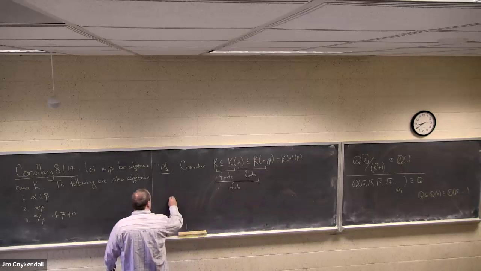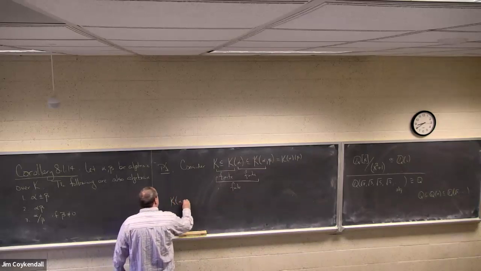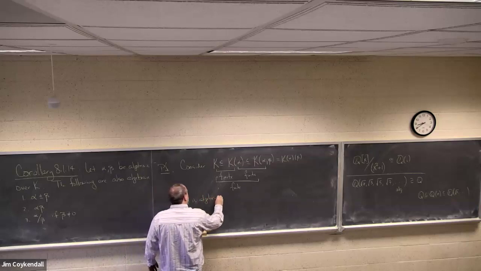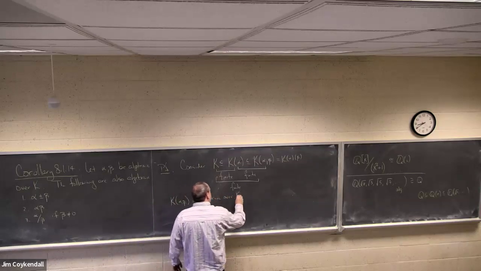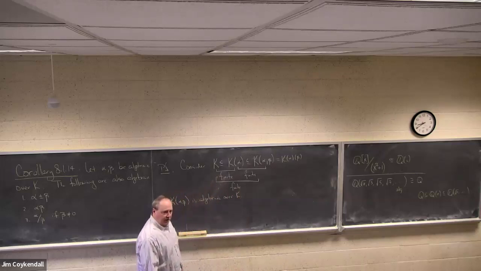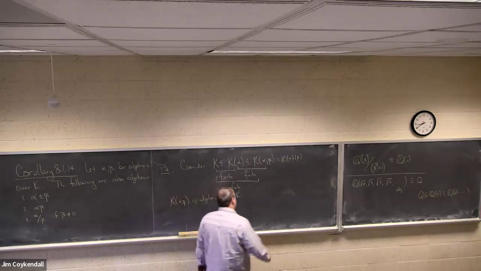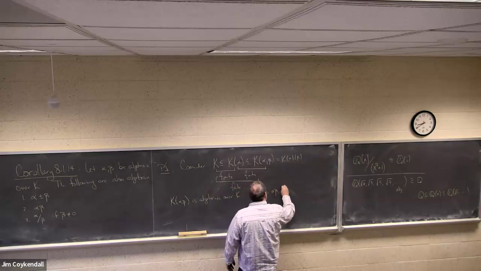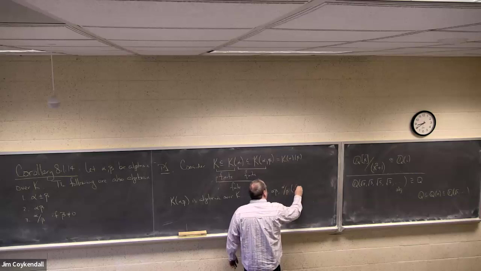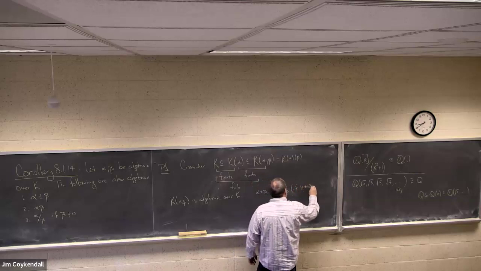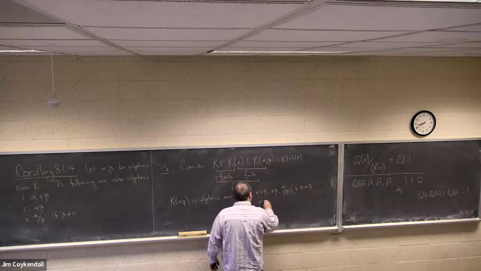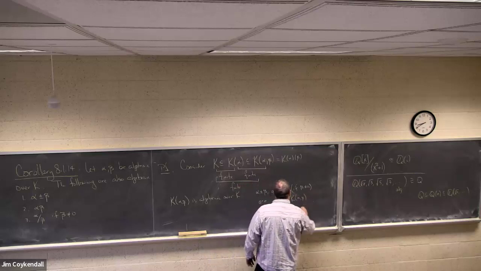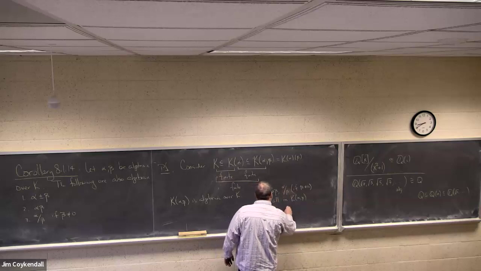So in particular, K(alpha, beta) is algebraic over K because it's a finite extension. Notice that alpha plus or minus beta, alpha over beta, if beta is not zero, are all in K(alpha, beta), hence algebraic.